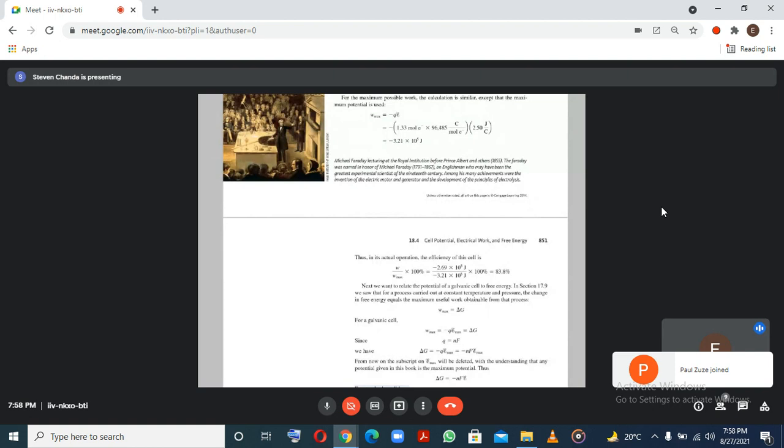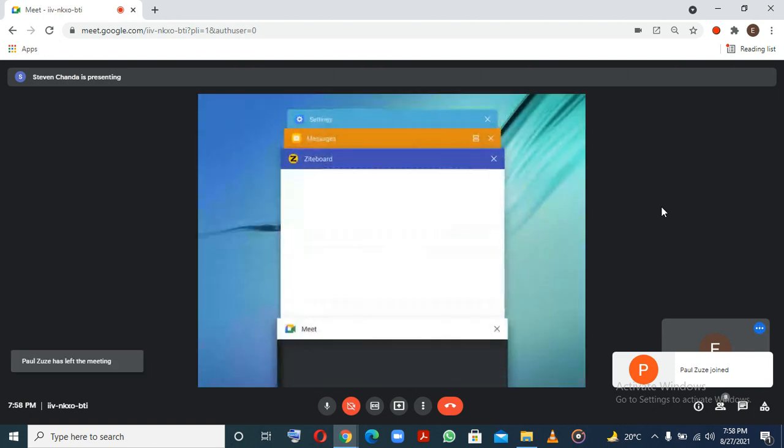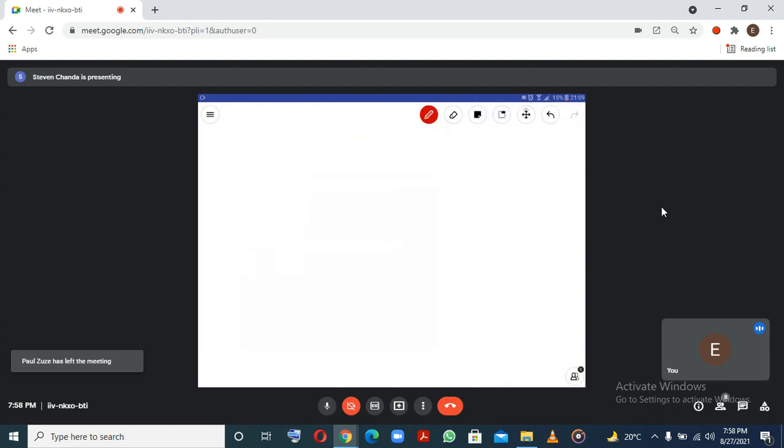The maximum work, W max, is equal to negative the number of electrons transferred, times Faraday's constant, times the E value. Not necessarily the standard E value, though.